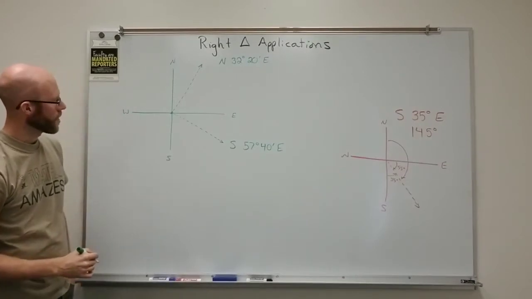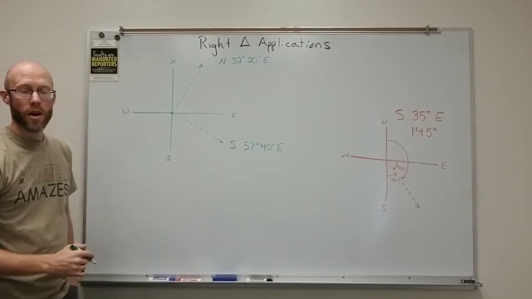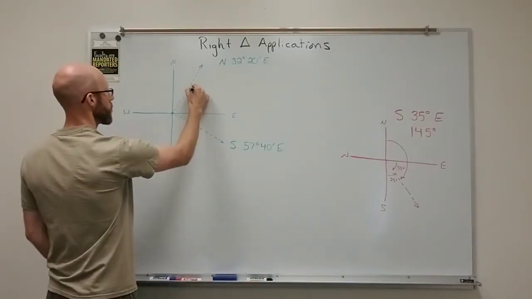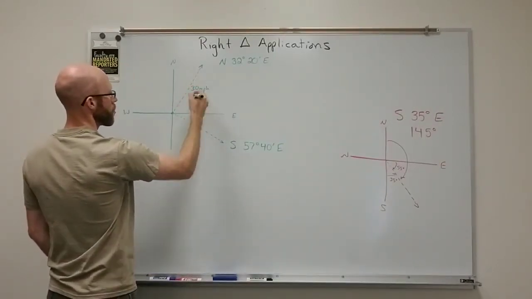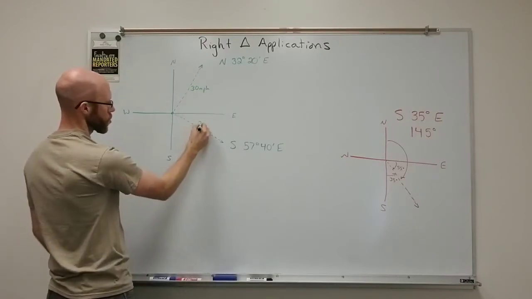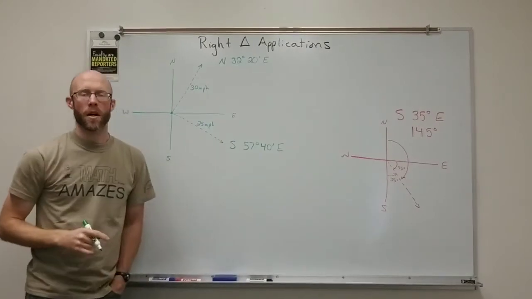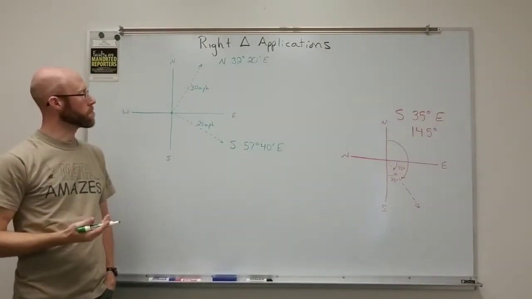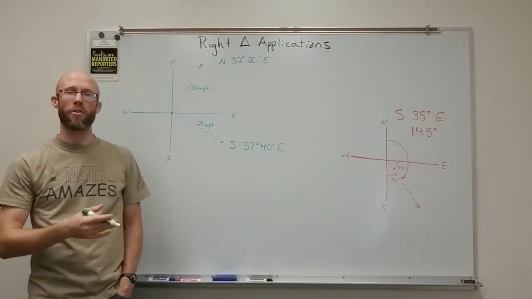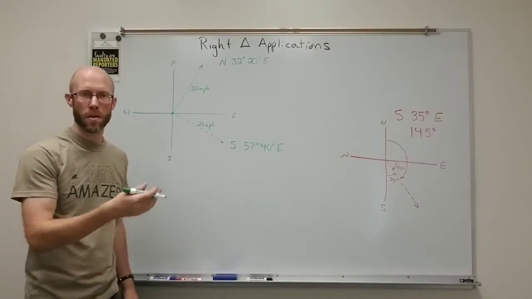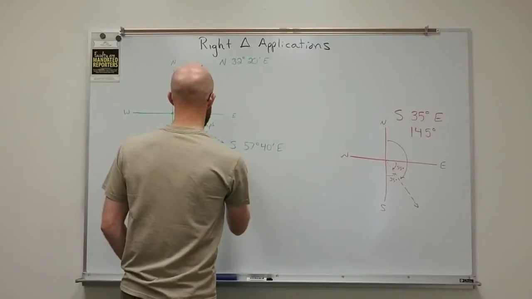And then the two boats are traveling at different speeds. So let's say the first boat is traveling at 30 miles per hour and the second boat is at 25 miles per hour. And so a question might be something like, how far apart are the boats after, say, 5 hours or some given amount of time? So let me write that up here.